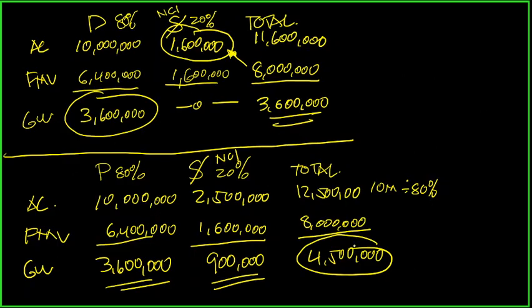It's easier to understand when you do it this way. If you want to complicate things, you divide this fair market value into two elements: the book values and the adjustment, the difference of fair market value and book values. That way, you'll be able to identify the values used in your elimination entries. Let's continue.